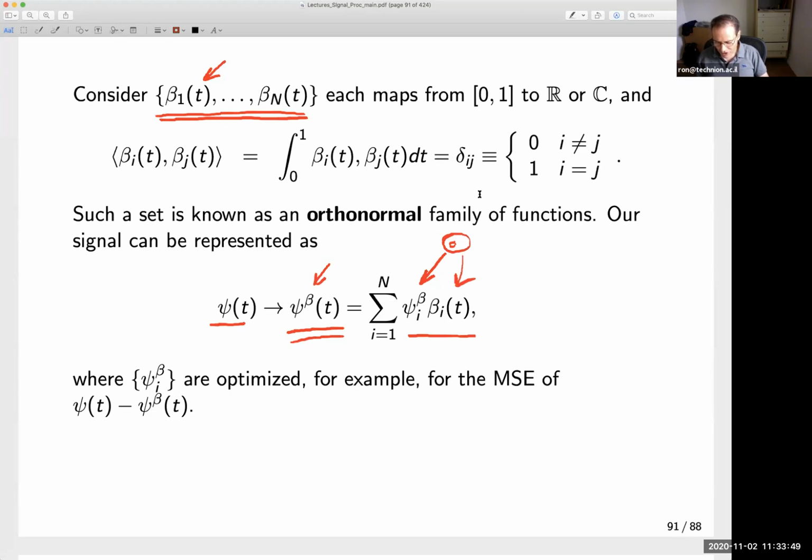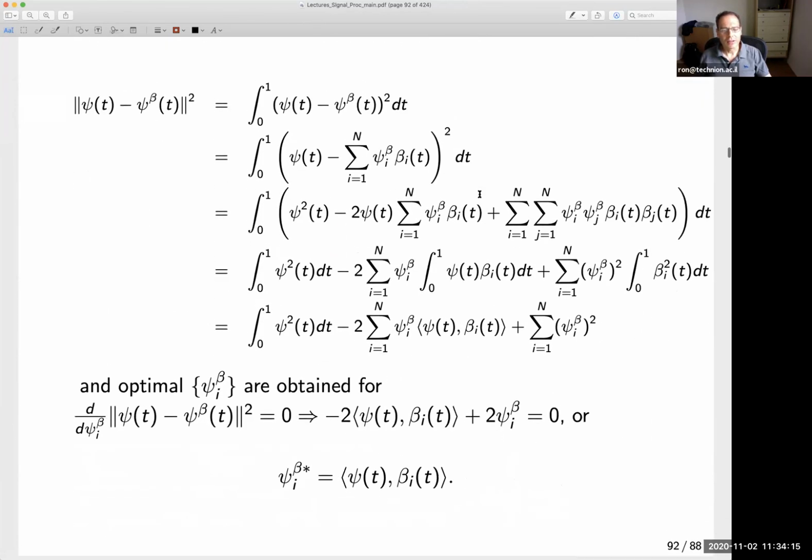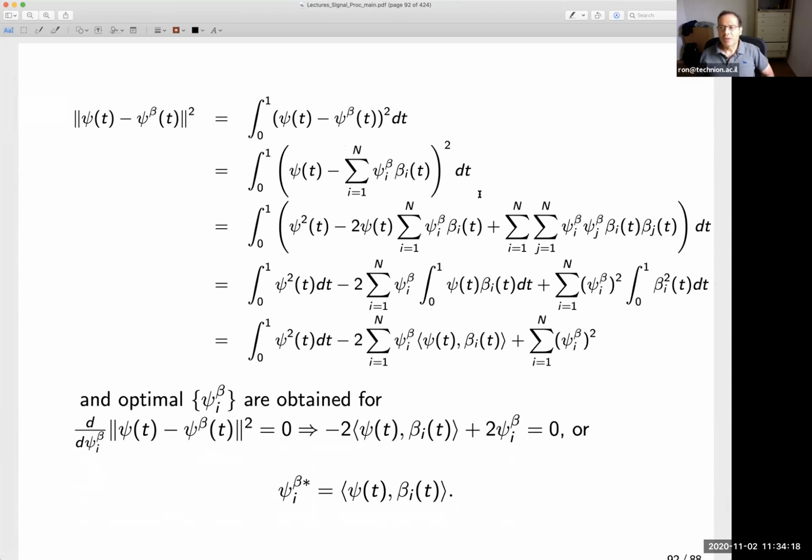And these coefficients, this set of scalars, are optimized, for example, if we measure the MSE of subtracting the approximated function from the original one. So what we'll do is optimize for the L2 error, the mean squared error. And if we do that, let me jump to the conclusion and then show you how we do that.